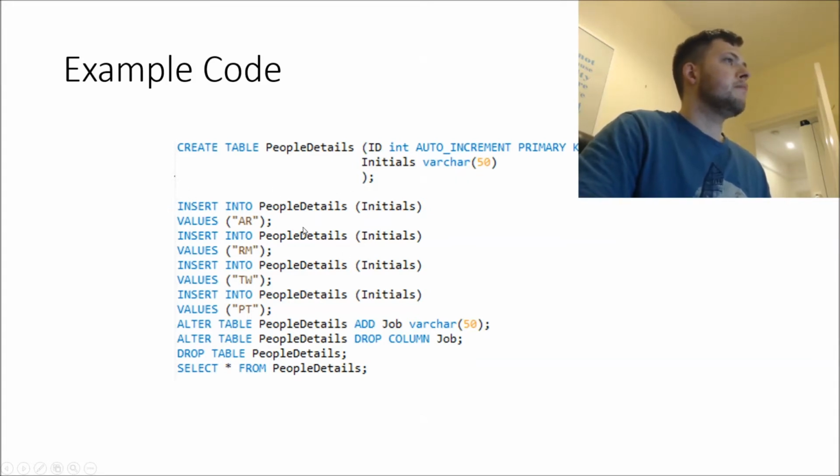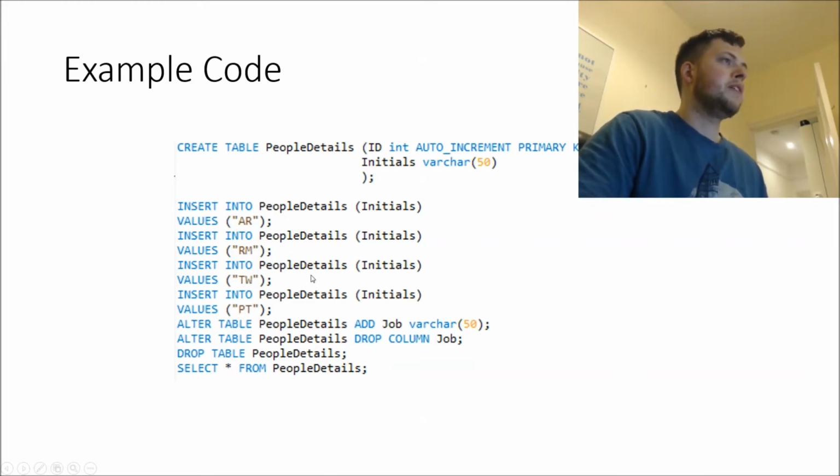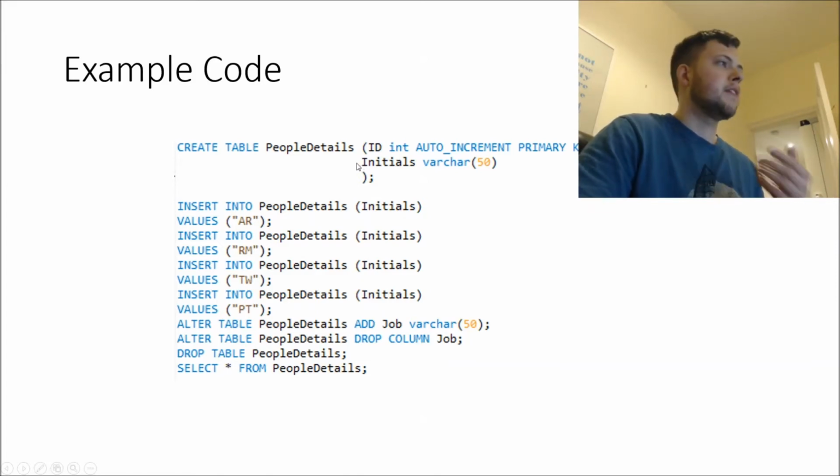And then what we've simply got is we're inserting values into the columns to create populated rows. The first one is AR for analyst rising, the second one is a bit more random, third one TW, fourth PT. And then the ID column will auto calculate, incrementing by 1 every time.